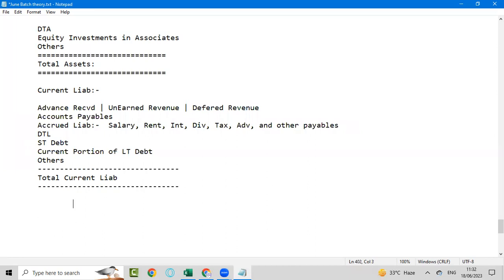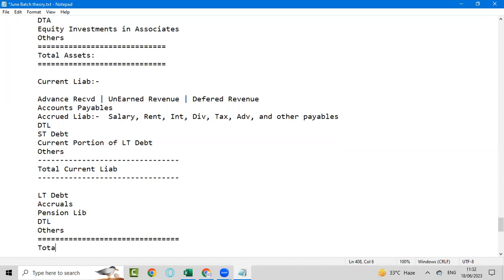So here I will write something, pension liability. This will come later. You will show long-term debt. Accruals or accrued liabilities. Deferred tax liability. Others if there is any. Then you will show total liability.